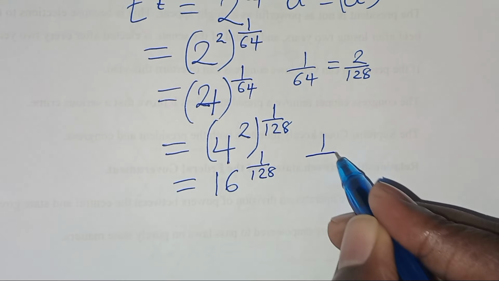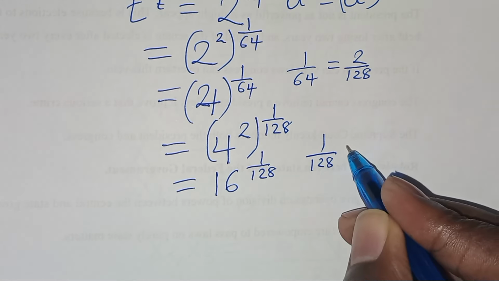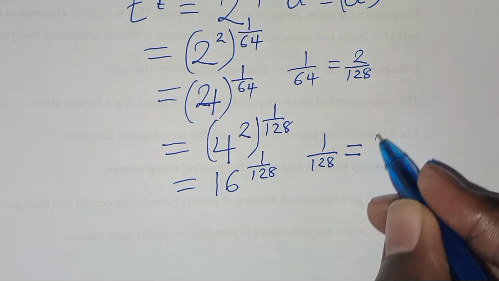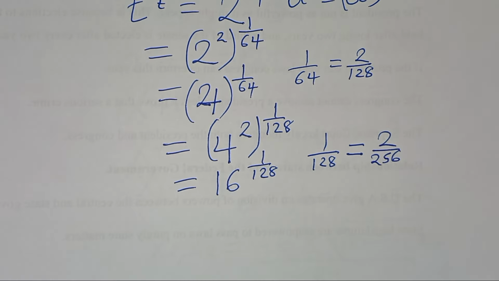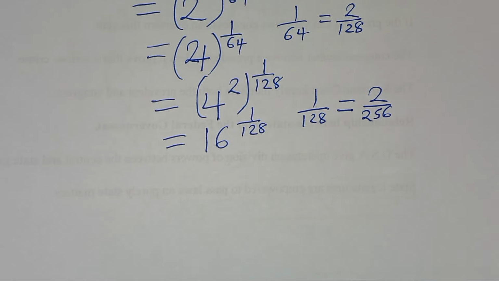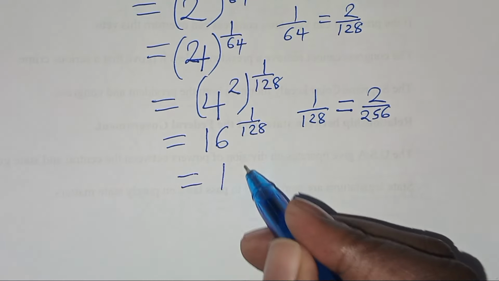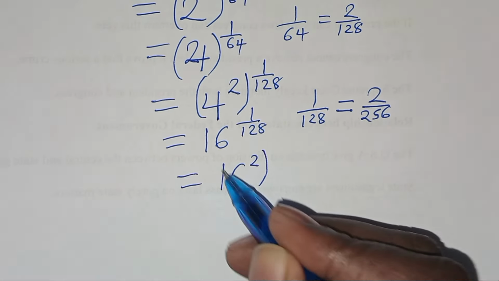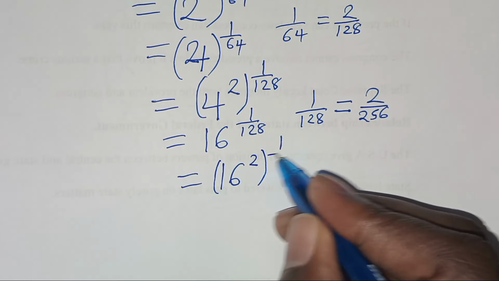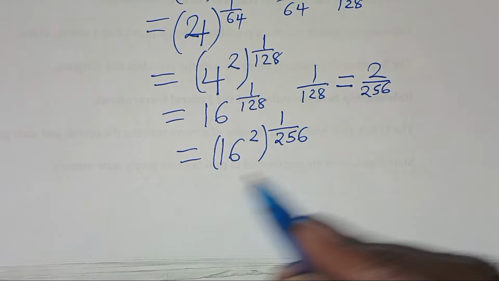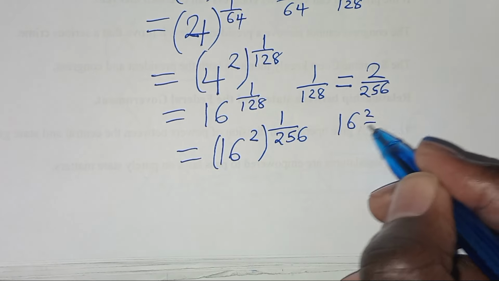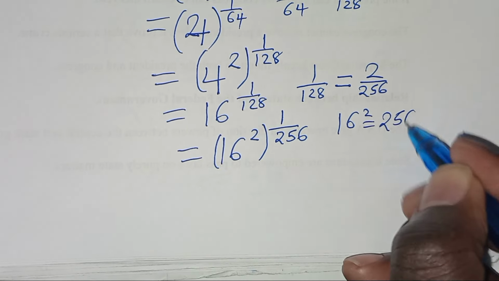We can express 1 over 128 as 2 over 256. So essentially here, we'll have 16 raised to power 2 raised to power 1 over 256. So 16 squared here is the same thing as 256.